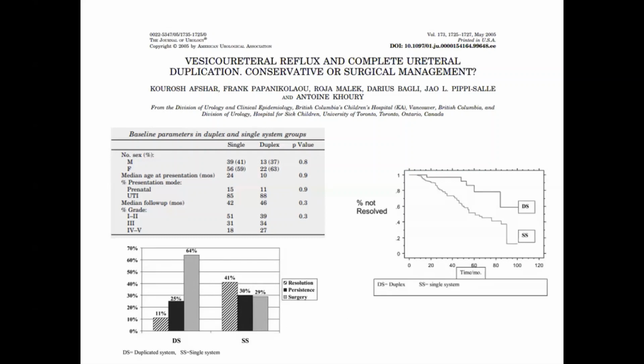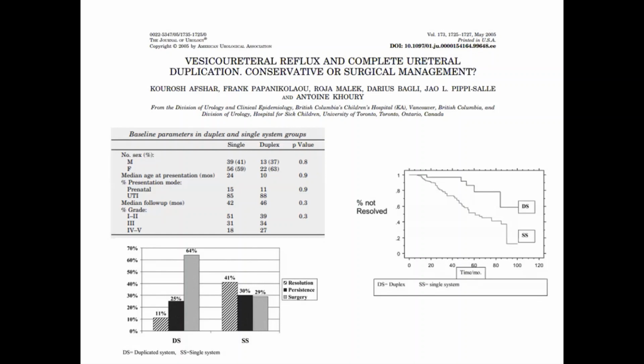You have to remember this is all sort of impacted by whether or not they did surgery or not. Surprisingly, most of the patients in the single system arm that had surgery is because the parents were tired of antibiotics. But again, I think if you look at this, duplicated systems do resolve, but it's mostly the lower grades, grade 1 and 2 and 3.